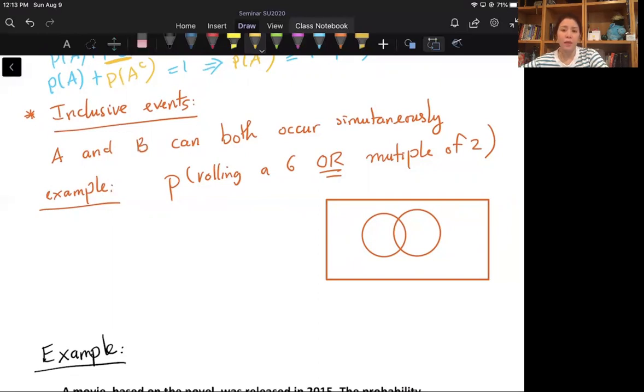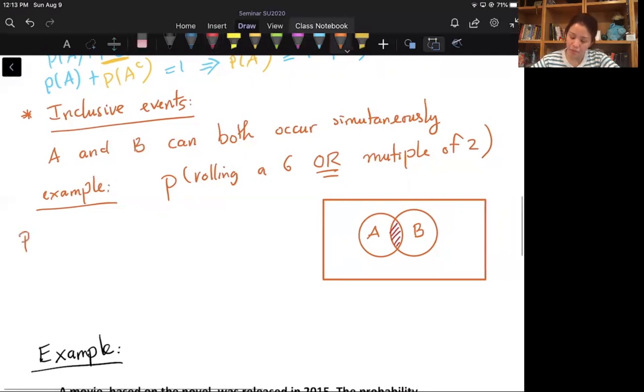There will be overlapping. So here, if I have event A and event B, if you add them together, you double count this part right here. So there's a rule, the addition rule, that comes to the rescue.